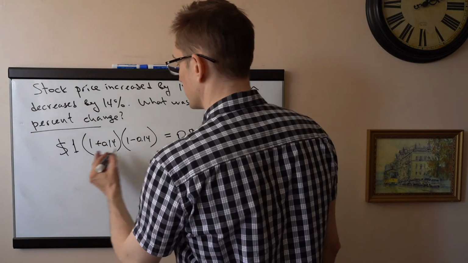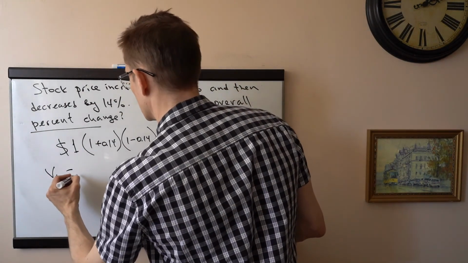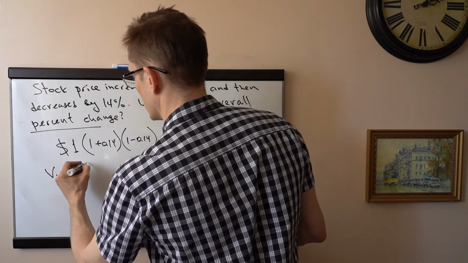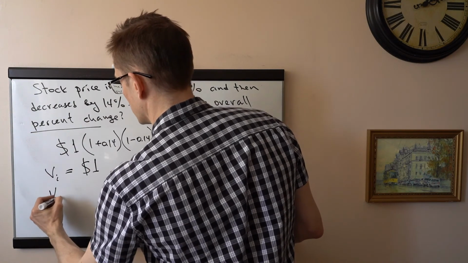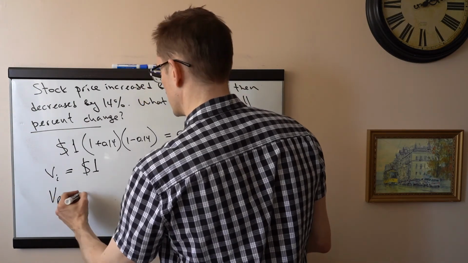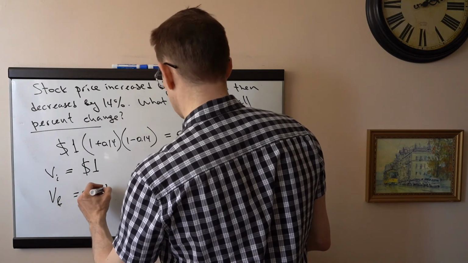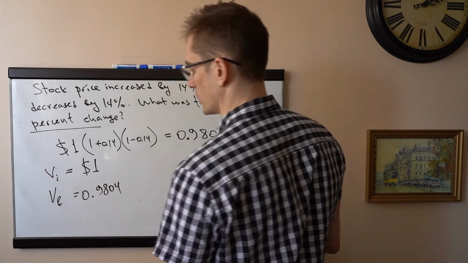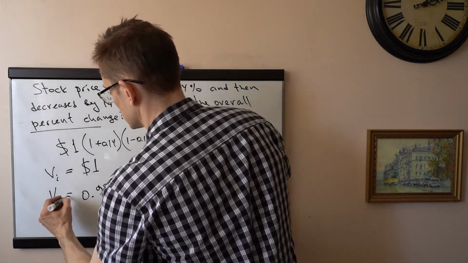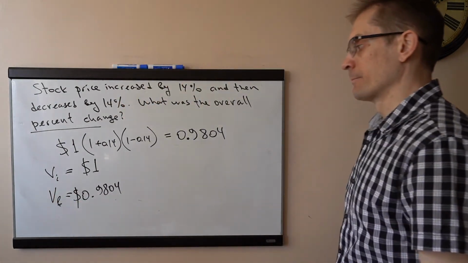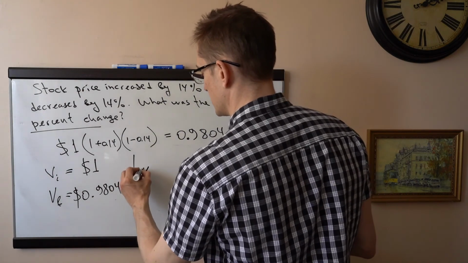So now we have initial value $1, so VI is our $1, right? And VF, final value, what it became is $0.9804, right? I need to find percent change. So this time, let's use a formula.